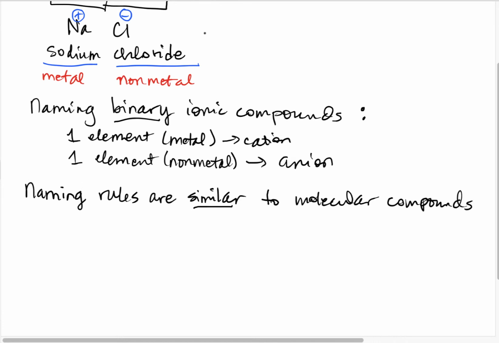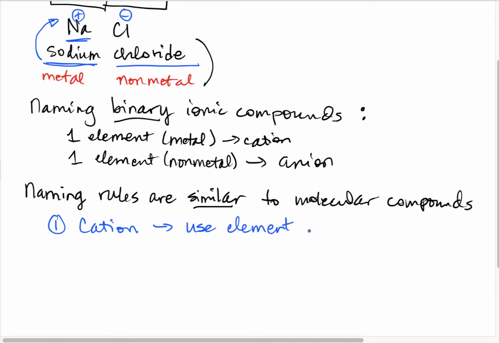So just like we saw over here with sodium chloride, notice that this first element that we named, the metal, we just used the elemental name. So for the cation, use the elemental name. We don't modify it at all.